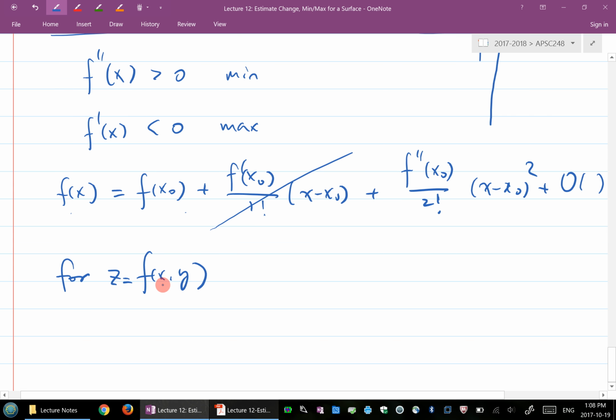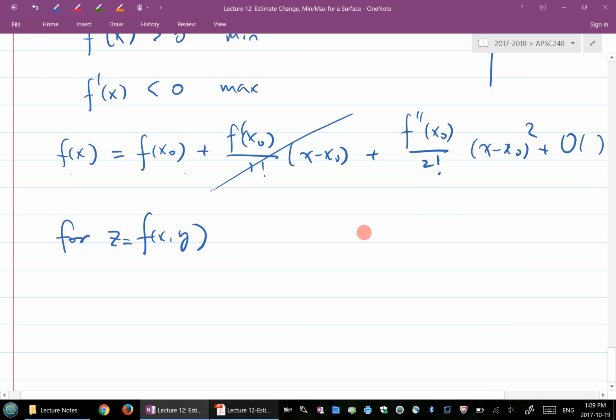So this is basically the so-called first derivative test for a function of two variables. You want to get the extreme location first. Maybe it's a min or max, we don't know, but we want to get the location first, right?